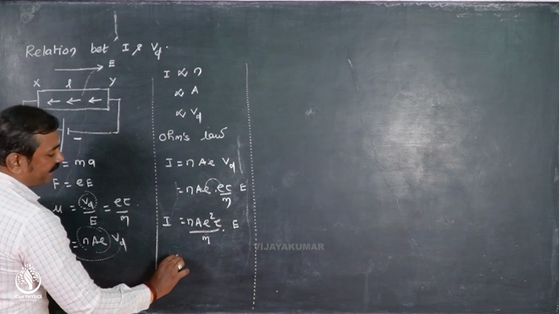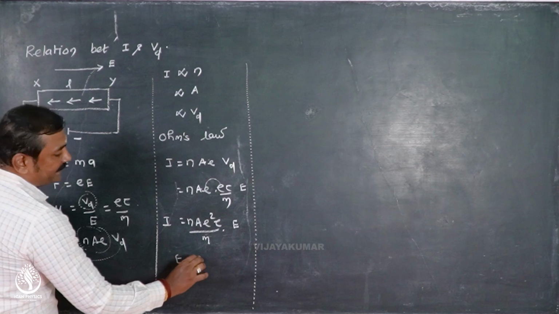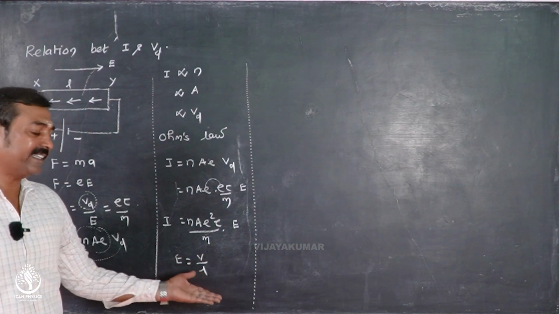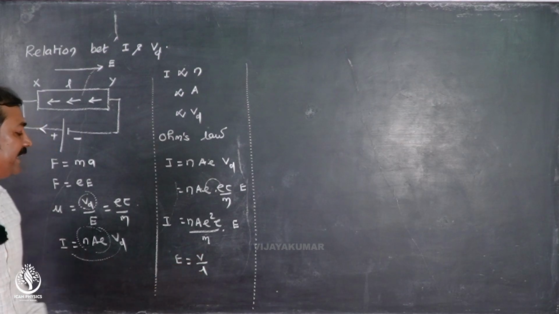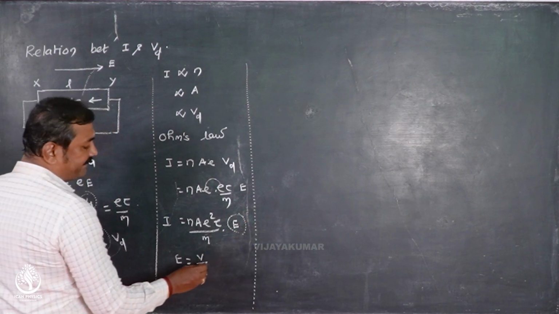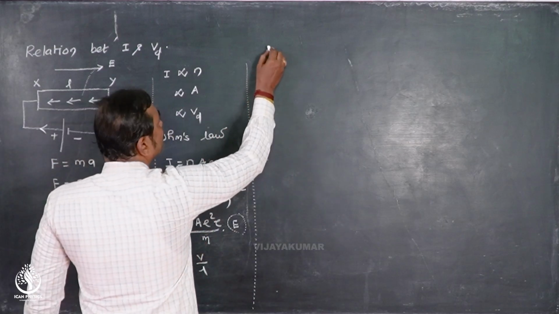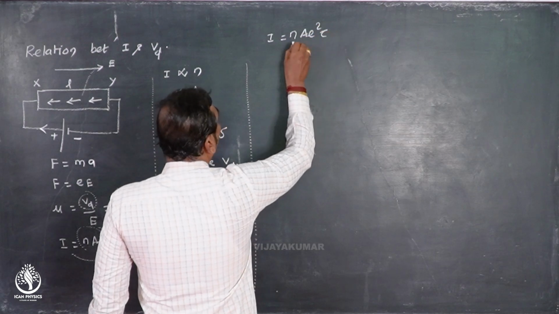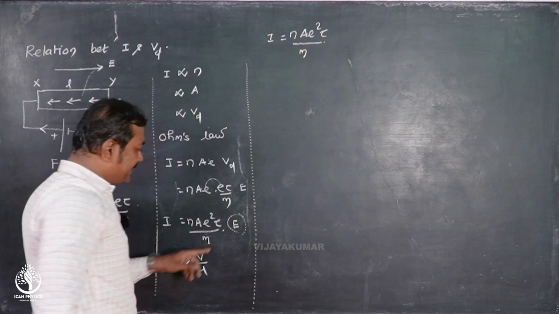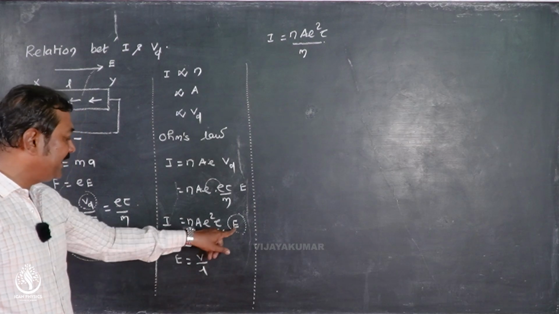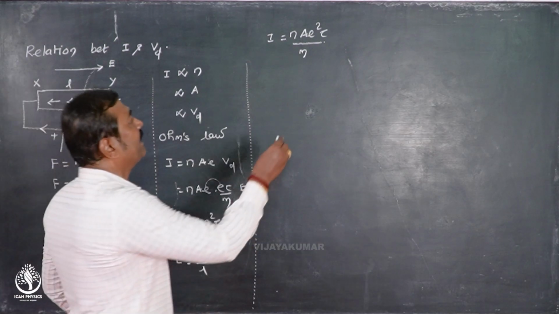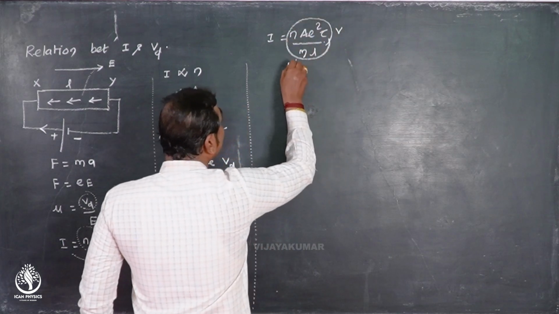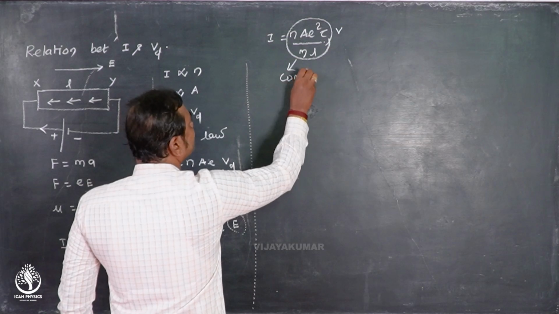We know very well that E equal to V by L, that is dV equal to minus E into dx. So instead of E, we can write V by L. So I equal to NAe squared tau by M into V by L. Now this term is taken as a constant.